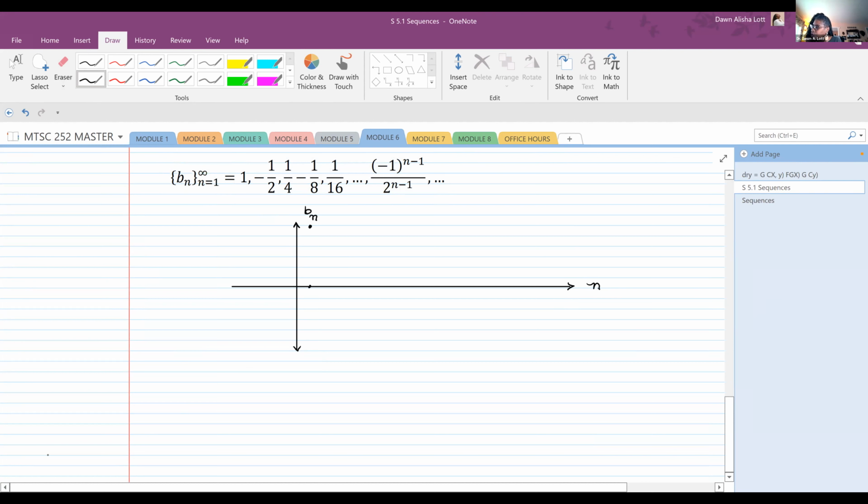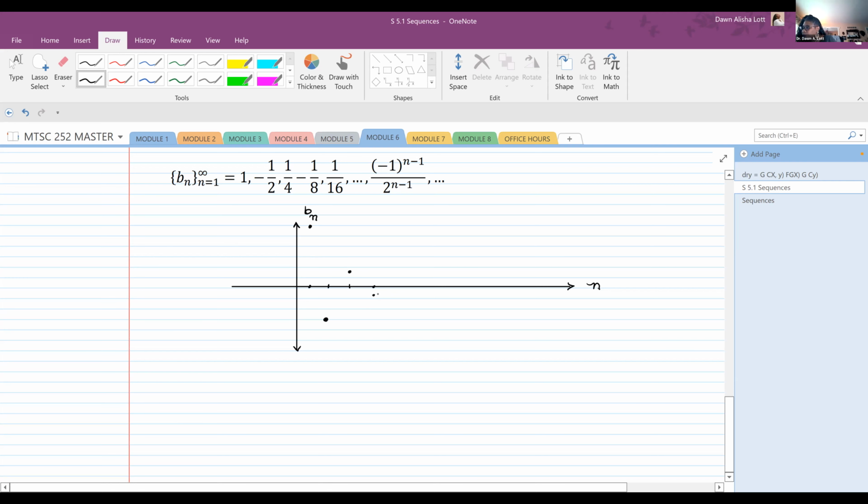When n is 2, we get -1/2. So that looks like that. When n is 3, we're going to get +1/4. So that's somewhere around here. And when n is 4, we're going to get -1/16.